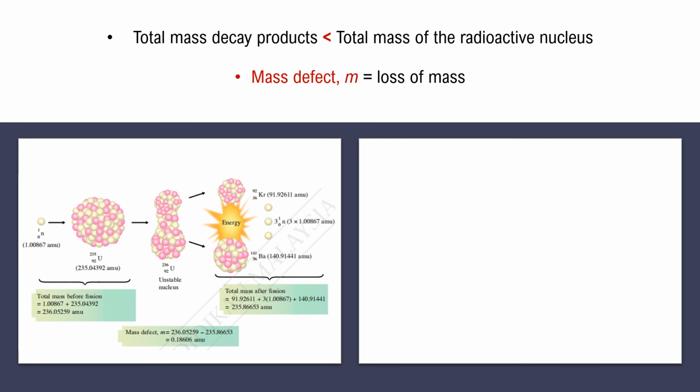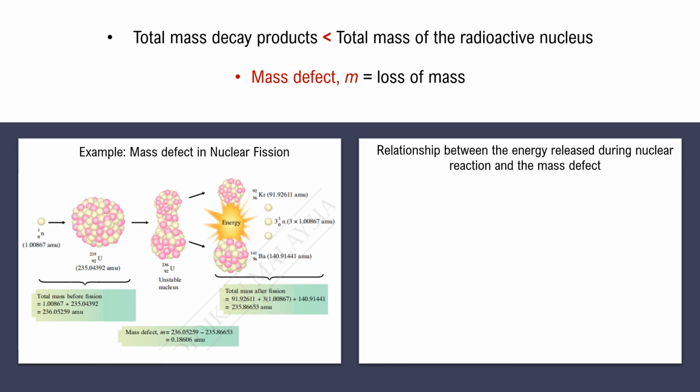Figure below indicates the examples of mass defect in nuclear fission. From this figure, we can see that the total mass before fission is more than the total mass after fission, and the mass defect m is equal to total mass before fission minus the total mass after fission.